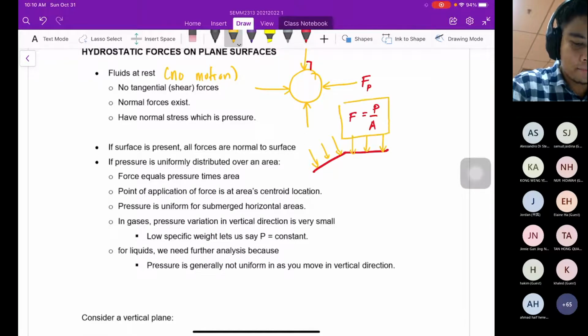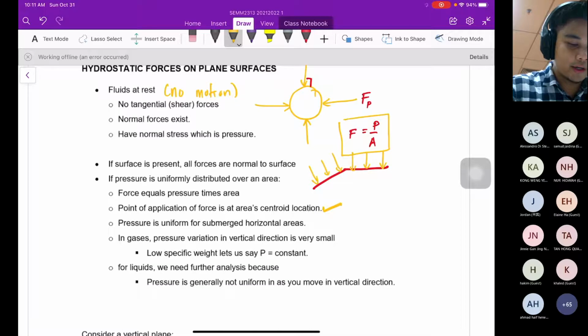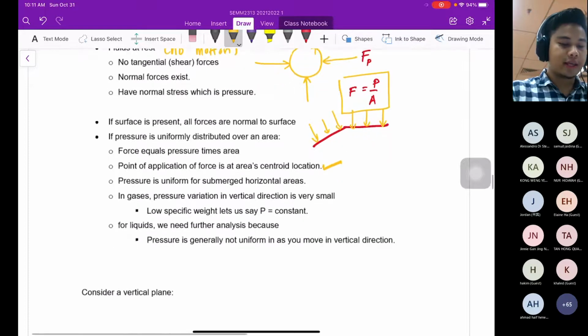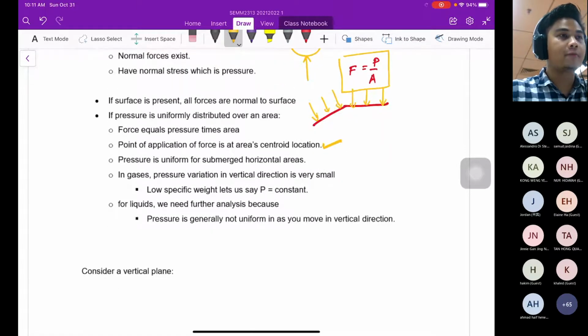Then the point of application of the force is at the area centroid location. I will explain this part later; you will learn it later on. Pressure is uniform on a submerged horizontal area. In gases, pressure variation in the vertical direction is very small. This is only for gas. However, for liquid, we need to analyze further.